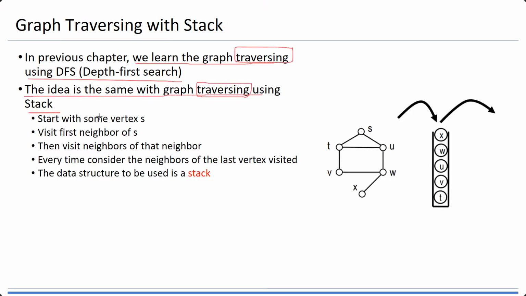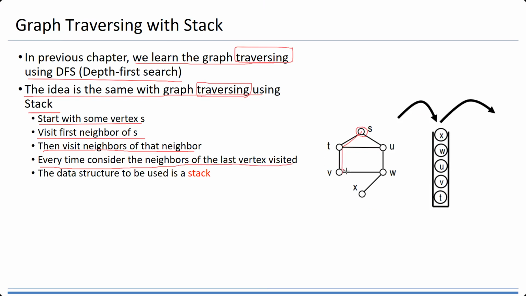For example, let's start with some vertex S. Okay, so this is the starting vertex. And then let's visit the first neighbor of S. Okay, so let's say the first neighbor is T. Okay. Then visit neighbors of that neighbor. So let's suppose I visit U. Every time, consider the neighbors of the last vertex visited.